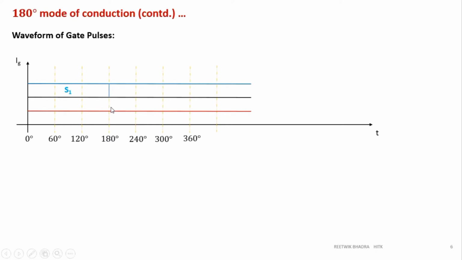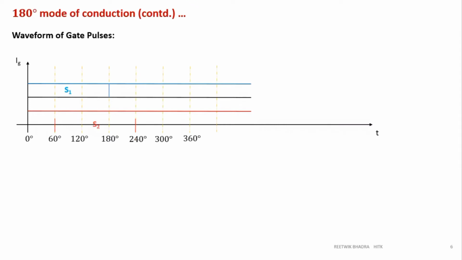If you have any doubt, please stop me and ask me in between. So my box completes over here. Next, switch S2 will be on, but at a gap of how much? 60 degrees. And which band represents this one? This red band, right?